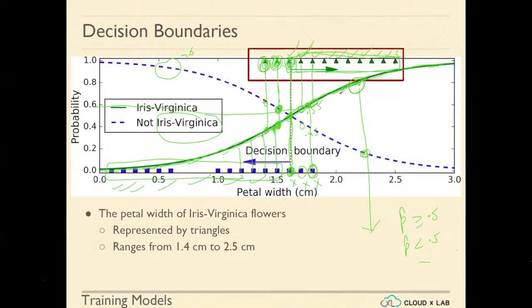So if you pick this sample, the probability of virgin ka class is higher than the probability of not virgin ka class, which means the class label is virgin ka. Or if you pick this example, the probability of virgin ka class is lower than the probability of not virgin ka class, which means the class label is not virgin ka, right?